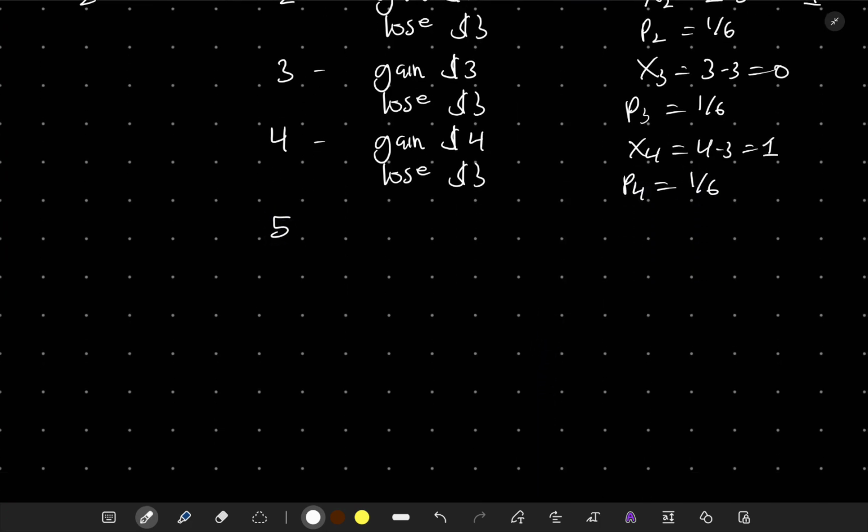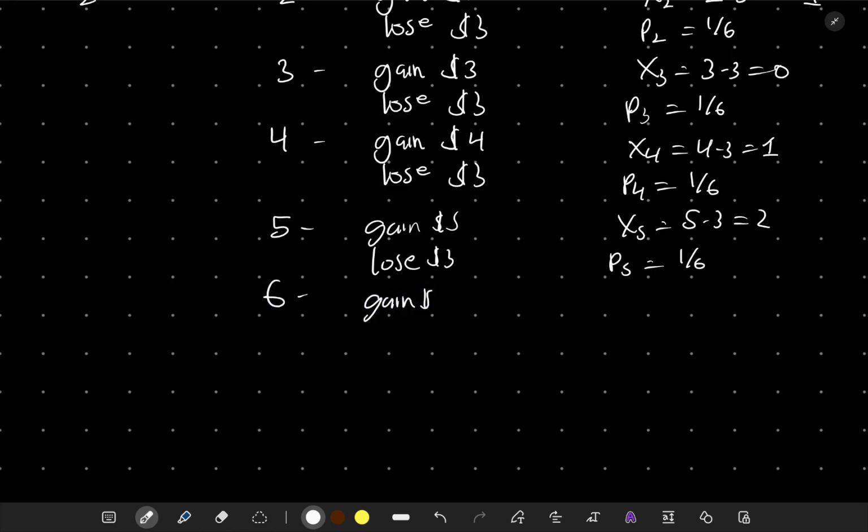And then 5. Again, gain 5, lose 3. x5 is going to be 5 minus 3, which is 2. P(5) is equal to 1/6. And the last one is 6, when I gain $6. Probably the most I'll ever gain. And lose 3. So x6 is equal to 6 minus 3, which equals 3, and P(6) is 1/6. Notice how all of them are 1/6.